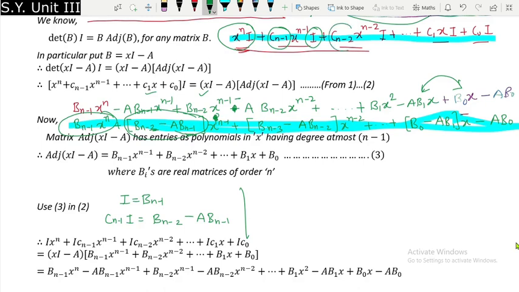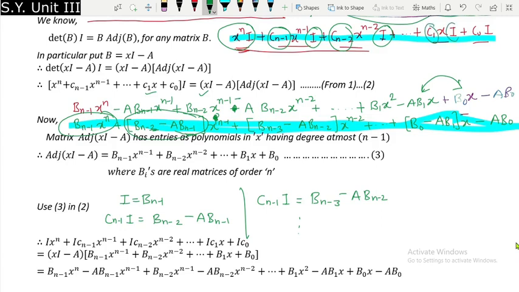Next one will be the coefficient of x raised to n minus 2. Over here cn minus 1 I is equal to the coefficient of x raised to n minus 2 on the right hand side. Now this will be continued and so on. What will be the last second equation?